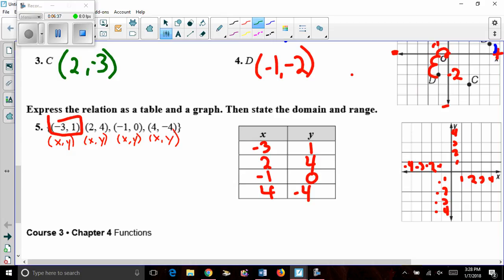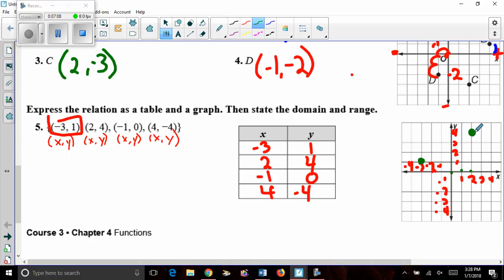Let's start with -3, 1. If x is -3, it tells me to go to the left 1, 2, 3 spaces, and then go up 1 here. Then starting at the origin again, x is +2, so count to the right, and then +4 is up 4.